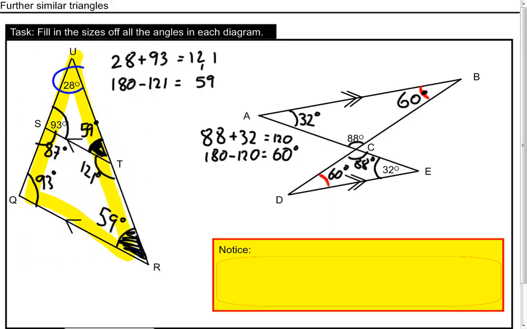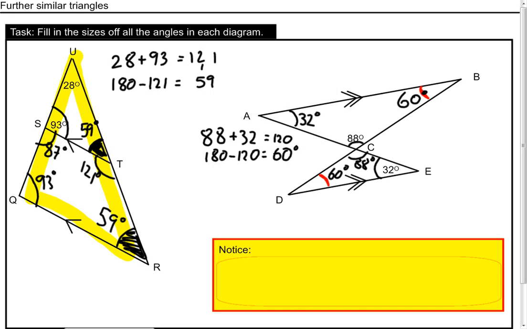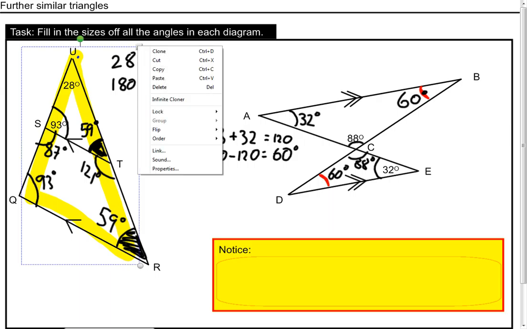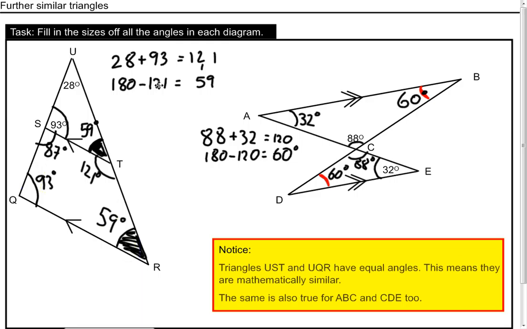Again, look at its angles: 28, 93, and 59. The triangle UST, the top small one, and the triangle UQR have got the same angles, so they're mathematically similar. Triangles UST and UQR have equal angles. This means they're mathematically similar.